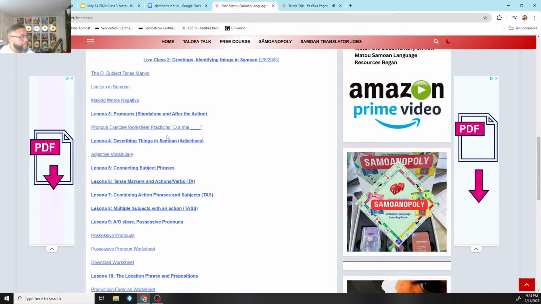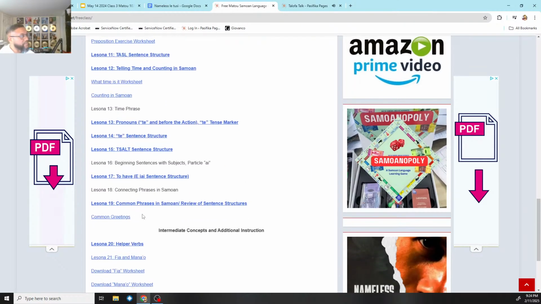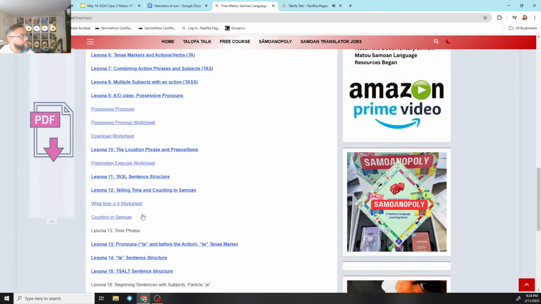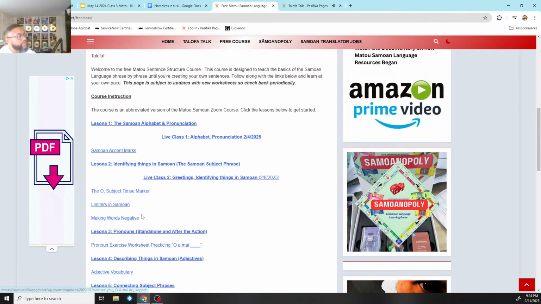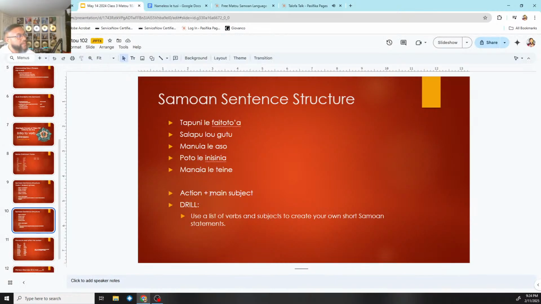There's vocabulary, noun vocabulary, verb vocabulary, and adjectives. Just download those and put them together, and you can make simple phrases like this: close the door.